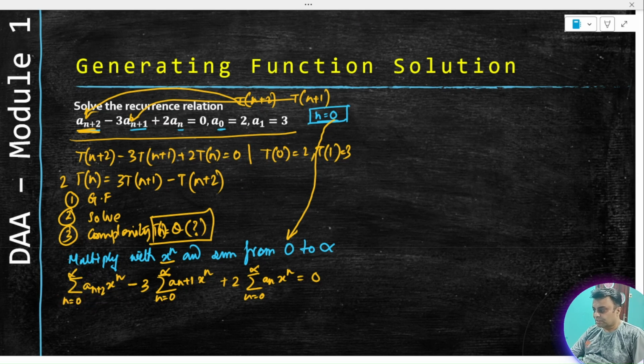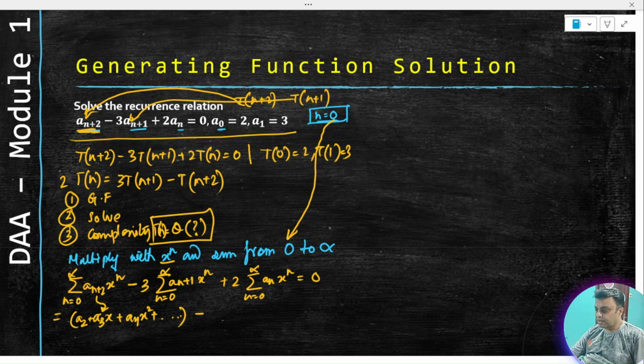So this term, if you expand, it becomes equal to A2 plus A3 x. A3 has to be a suffix. A2 also has to be a suffix. So A2, A3, A4 x square plus this. So I have expanded this term like this.